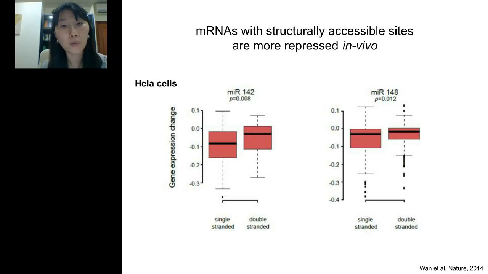And when we look at gene expression data, so when we overexpress a microRNA and look at what targets are repressed by this microRNA, we see that the sites that are more accessible are more likely to be repressed to a greater extent than sites that are less accessible, indicating that accessibility is important for microRNA function in vivo.